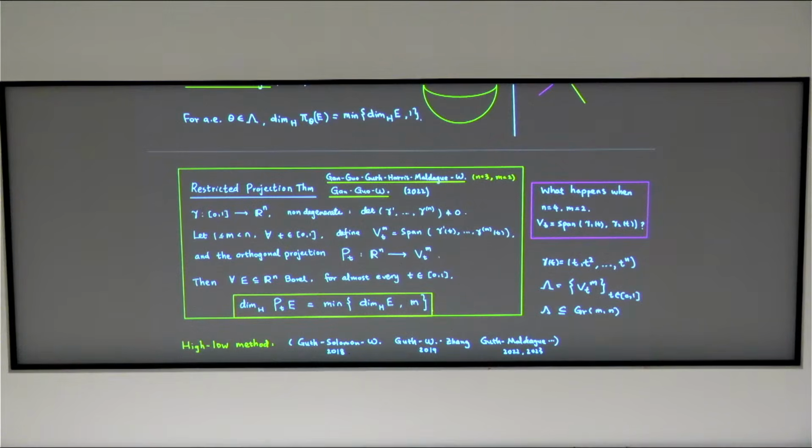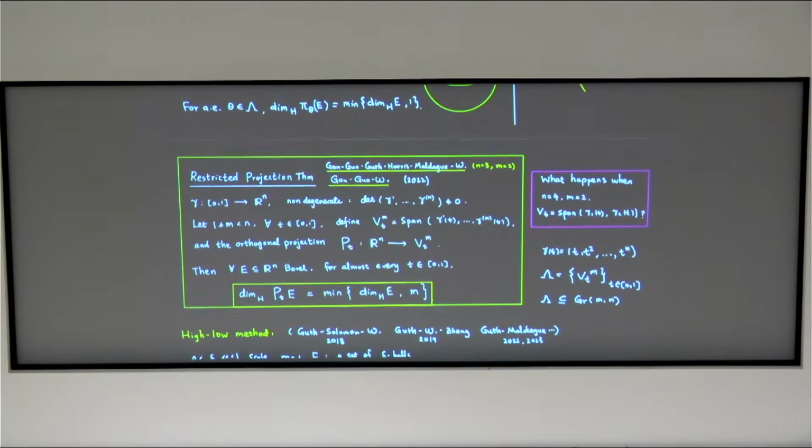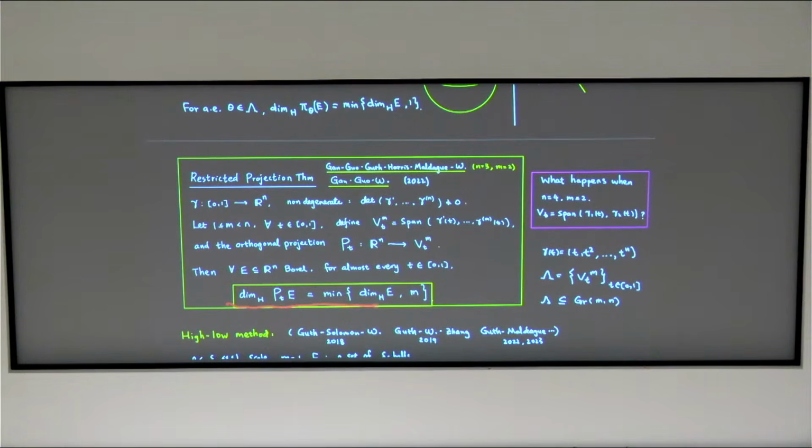So the analog of Marstrand's projection theorem says that for almost every m-dimensional subspace in R^n, but here we have access only to a curve. So the theorem says that for almost every subspace parameterized by some point on the curve, we have an equally good projection estimate.